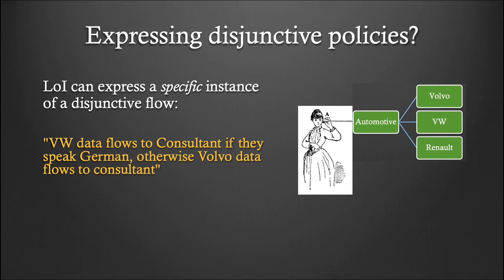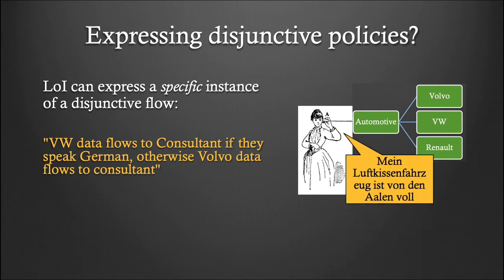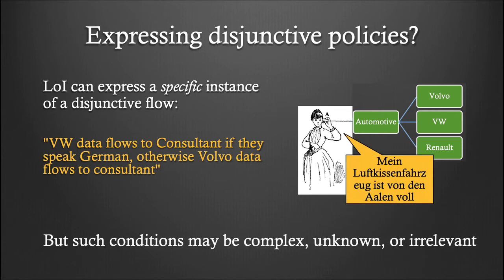What we can't do is to directly express the situation where we simply don't know or don't care what the conditions are under which this task is assigned. So it's important to abstract this because such conditions may be complex, unknown statically, but also completely irrelevant. We're simply not interested in them, as in the example of an ethical wall.